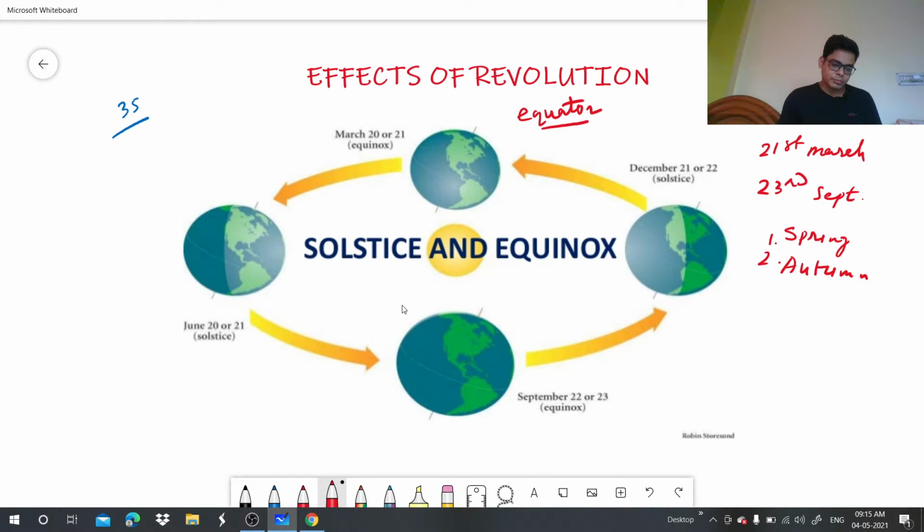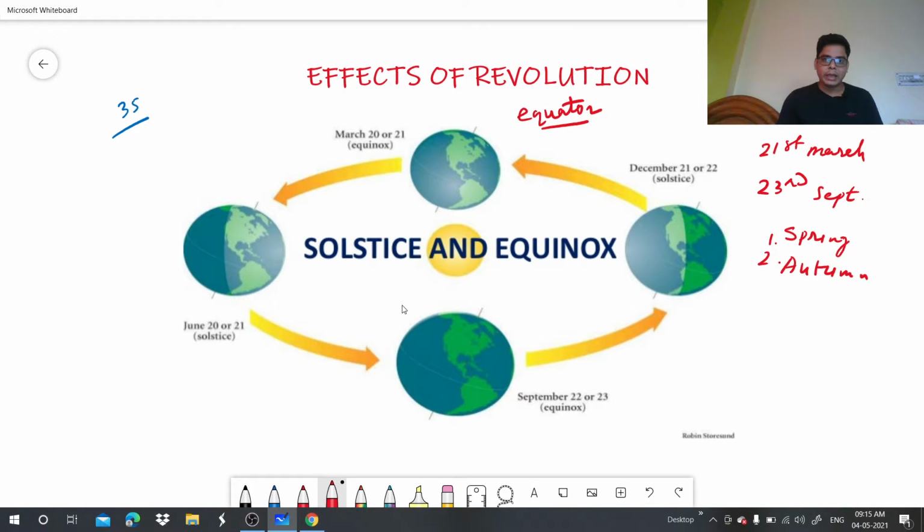After the spring equinox, the sun slowly moves towards the north and is directly over the Tropic of Cancer. Sunlight falls on the Tropic of Cancer on 21st June, the 23.5 degree north line.